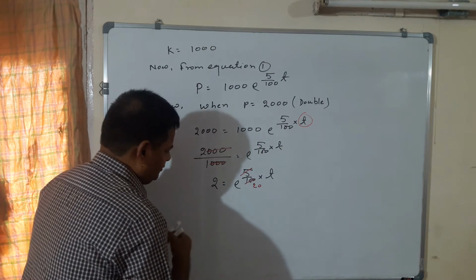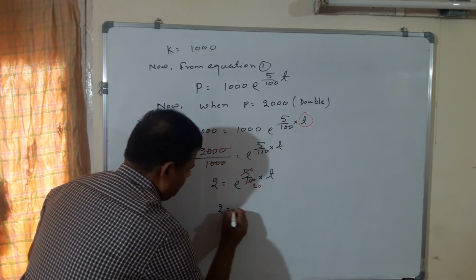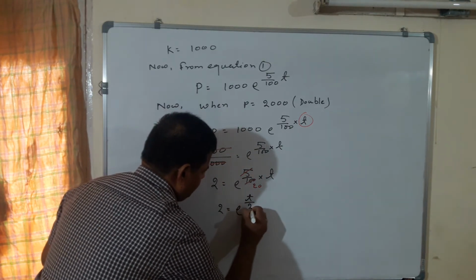So 2 is equal to e raised to the power t by 20.